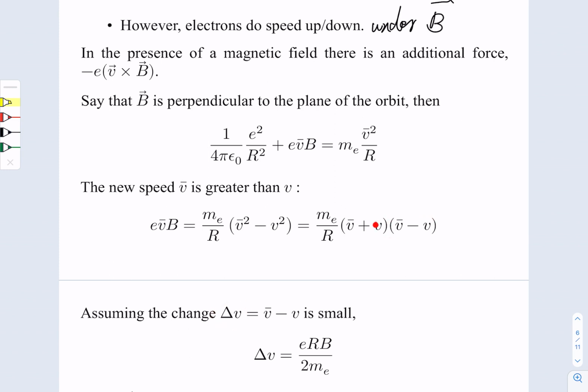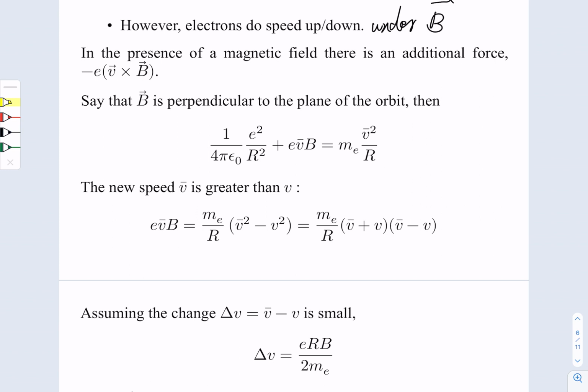So here we replace v bar minus v by delta v, and Taylor expand the equation over here, and then we can linearize and determine what delta v should be in terms of the magnetic field B.